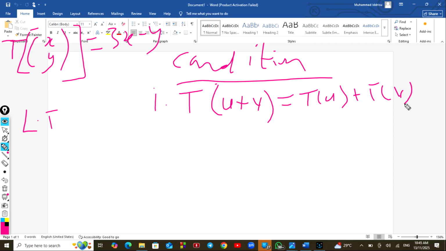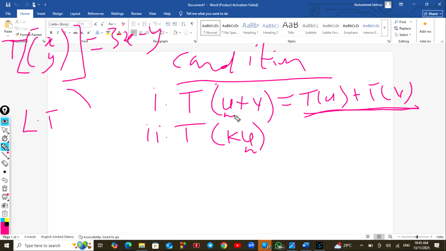If we perform this operation and we see that the transformation of u plus v gives us the transformation of u plus the transformation of v, then we can say it has met one of the conditions. Then we proceed to the final linear transformation condition, which is the transformation of ku, where k is a constant.